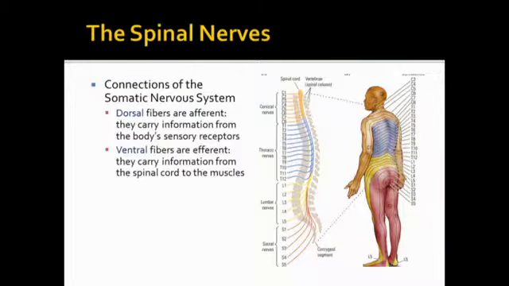So we talked about this earlier. If you touch your finger to something hot, those sensory neurons that have their fibers on the tip of your finger are going to travel up your arm into your spinal cord, into that specific level of the spinal cord that controls your hand. You can see here it would be part of your cervical spinal cord right here, because that's what controls your finger.